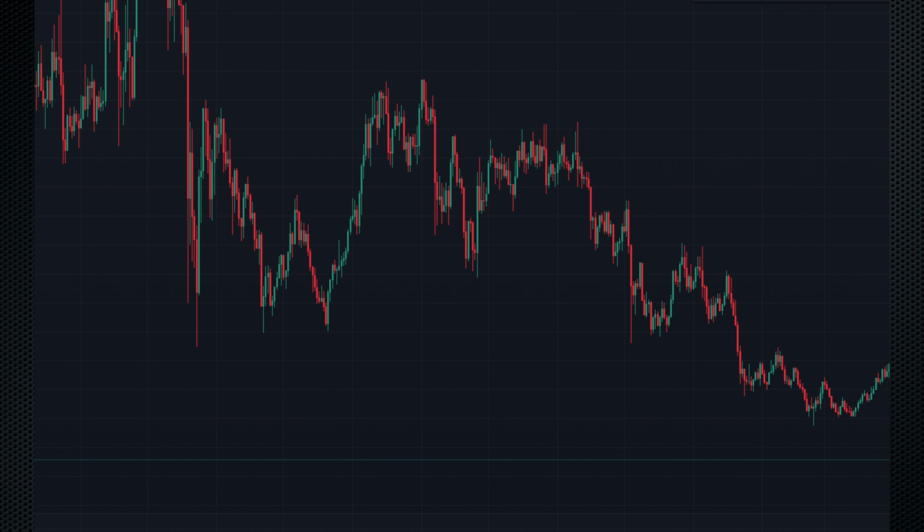The example of the symmetrical triangle is, as you can see on the screen, as much as we make a lower high, we make a higher low. And we don't know which side it is going to.